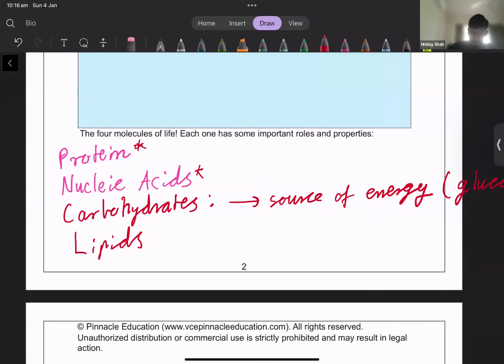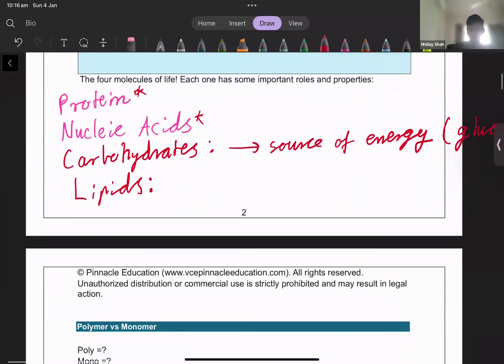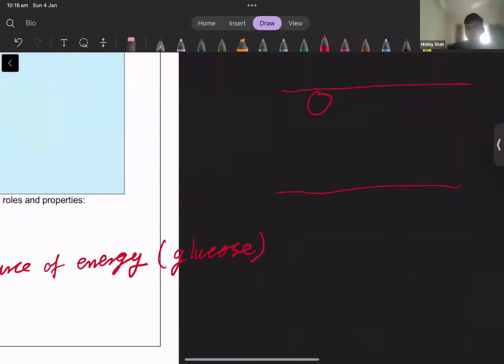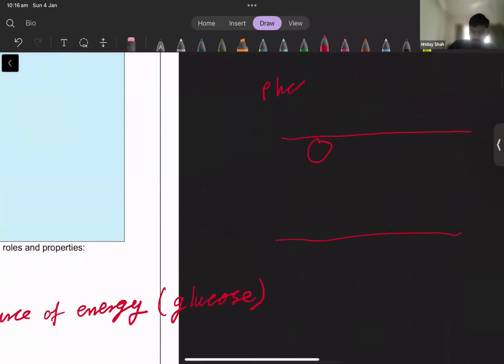And for lipids, think of fat or fatty acids, or if you know glycerol, if you've done a little bit of chemistry. But it's the substance that made up our phospholipid bilayer that we covered in our Unit 1, 2 revision. So phospholipid, again, if you break that down, phospholipid bilayer.